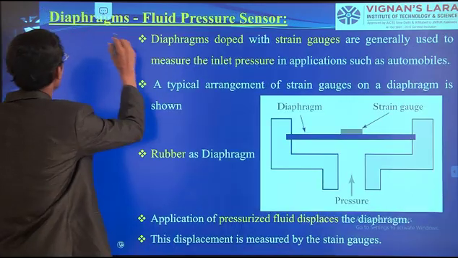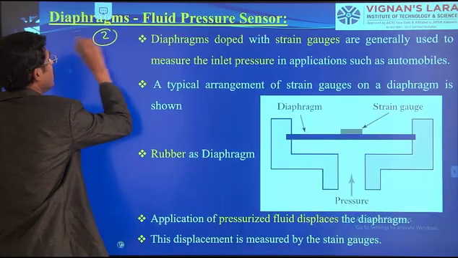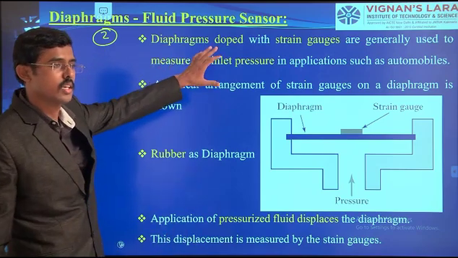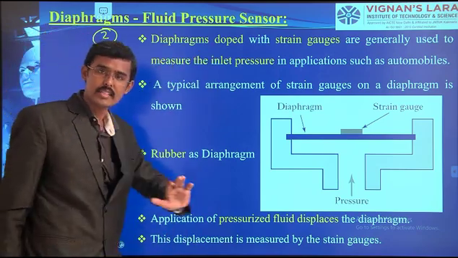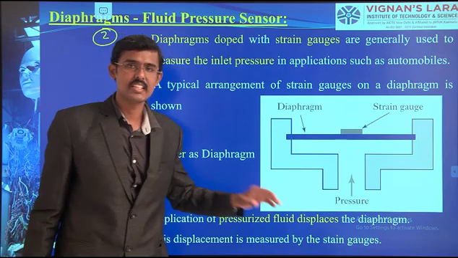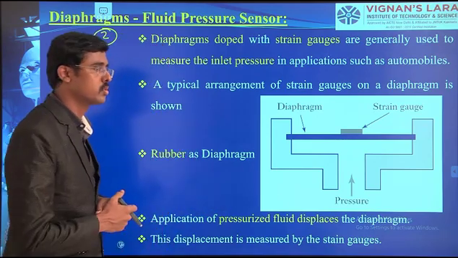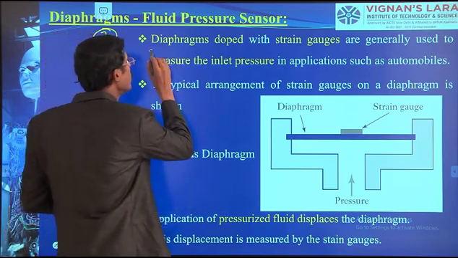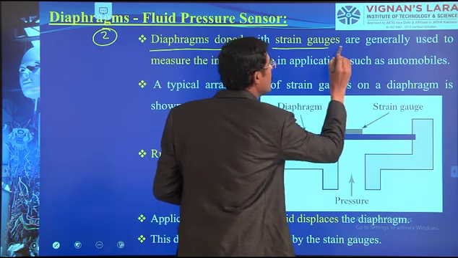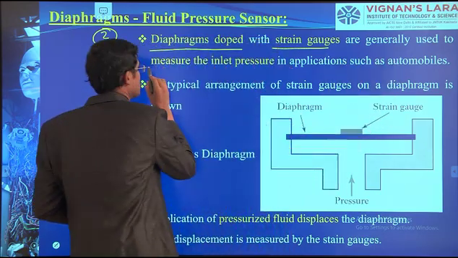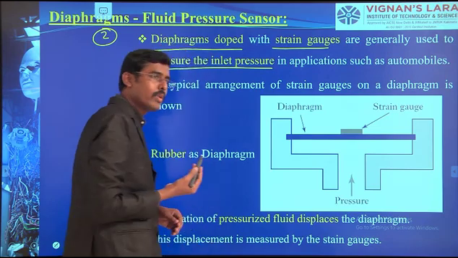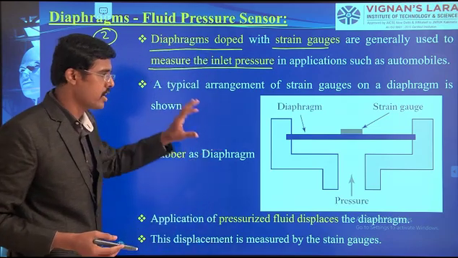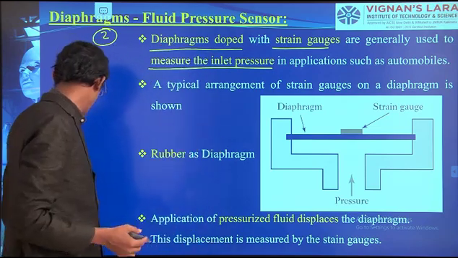Next, as the second one, we are coming to a fluid measurement sensor, the diaphragm. As discussed earlier, this belongs to the pressure gauge. A diaphragm doped with a strain gauge is generally used in the measurement of inlet pressure. So what we are doing, the diaphragm, we are using a rubber component.